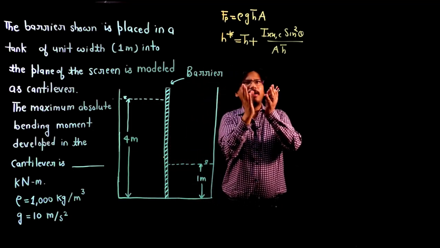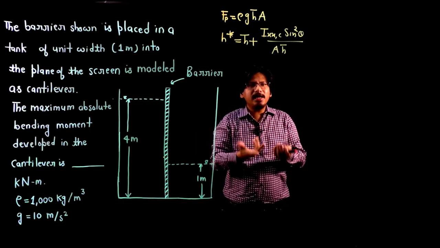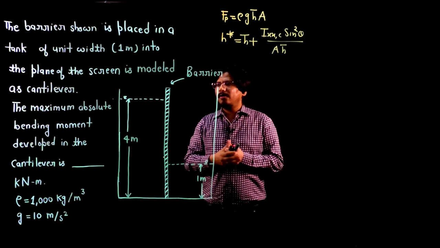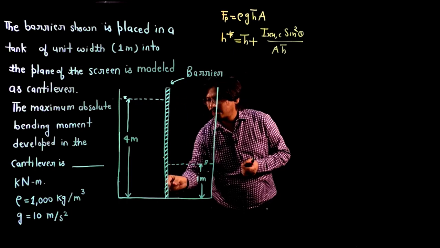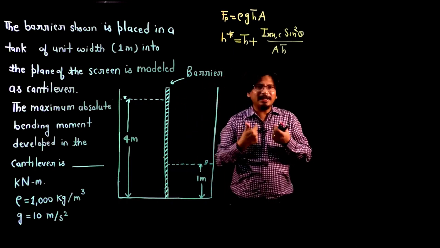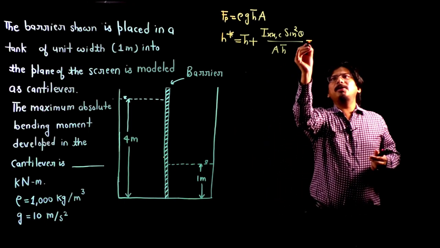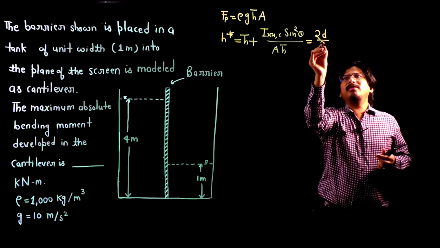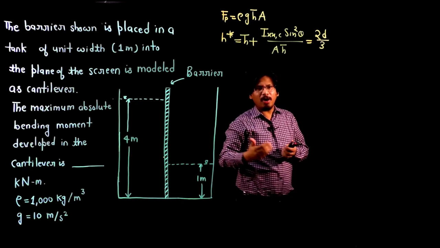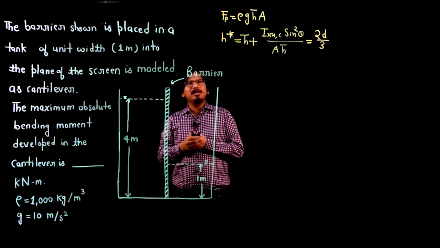Now in one special case we have seen, if the plane surface is a vertical plane surface, and it is touching the free surface, then after solving this particular factor we will get 2d by 3, where d is the depth of the vertical plane surface.